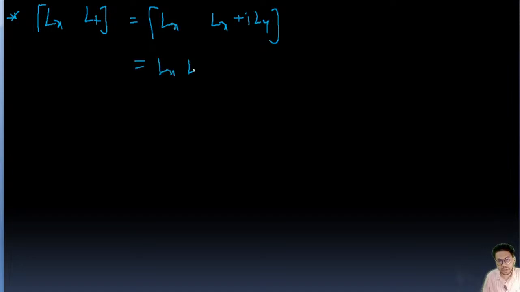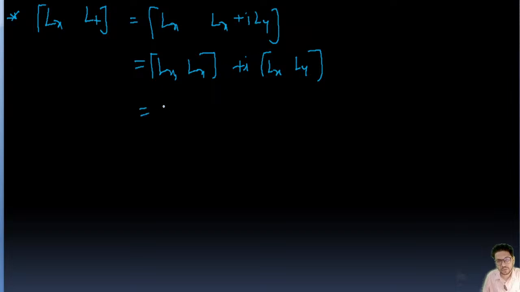Lx L plus. So this is simply Lx and L plus, we can write Lx plus iota Ly, right? So this is again commutation property: commutation of Lx plus iota commutation of Ly.